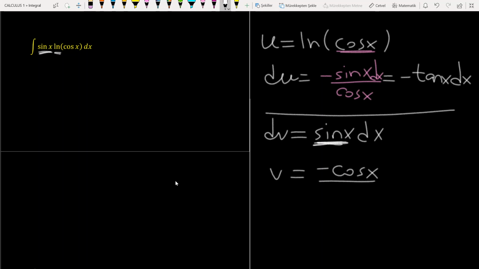So let's go back to the integral and use the integration by parts formula. u times v from the formula, minus cosine x ln cosine x, minus integral v du.